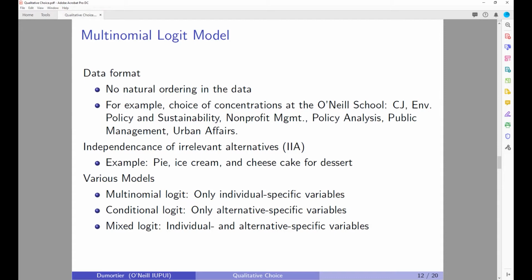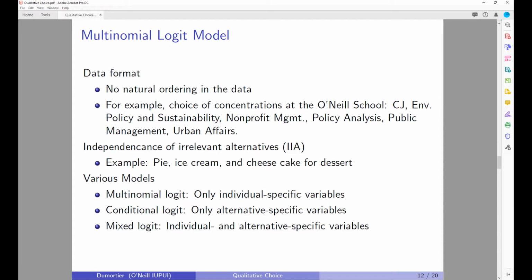So when you first pick ice cream over pie, and then you have the third choice of cheesecake, and you're actually switching to pie and not an alternative that was already there before, that would not make sense in reality. So some of those models suffer from this problem, this IIA problem, but we are not going to go into too much detail about this in this lecture.